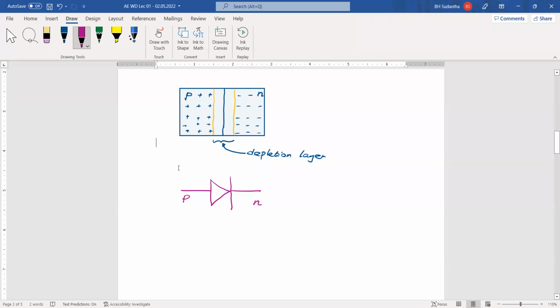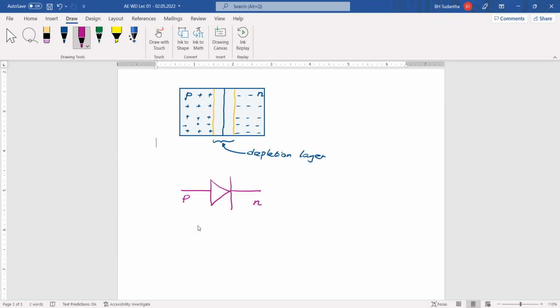After coming to this PN junction, you know its formation. Then we can work with this device and understand how to use it for various applications and occasions.